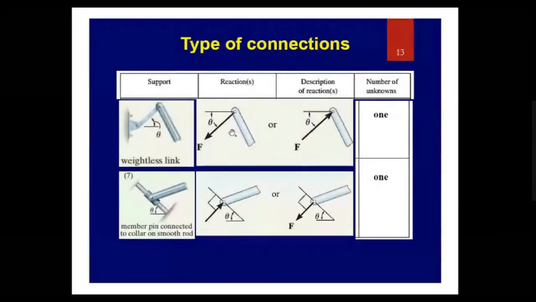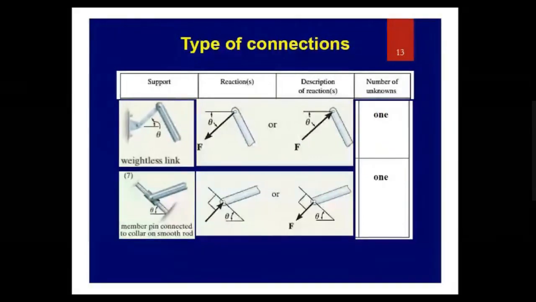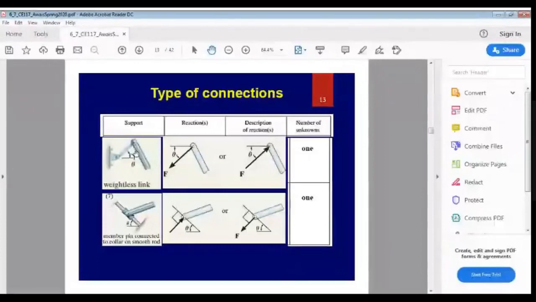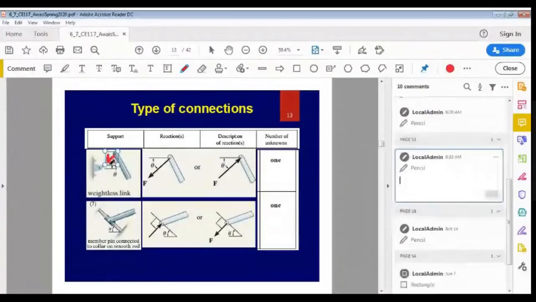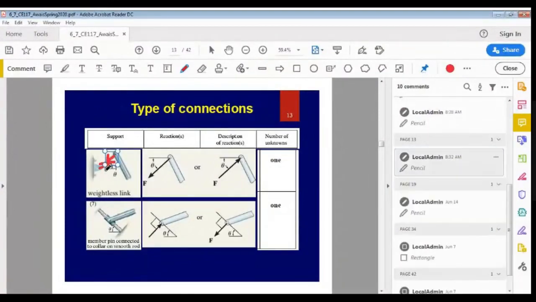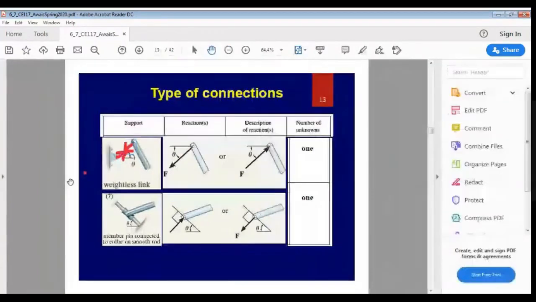But for the case of a rope, please make it clear. For example, if this body is attached to a rope over here or a cable, then I have told you that the rope can only take tensile forces, meaning the effect of the rope is to pull the body. So these will be the forces in the rope.